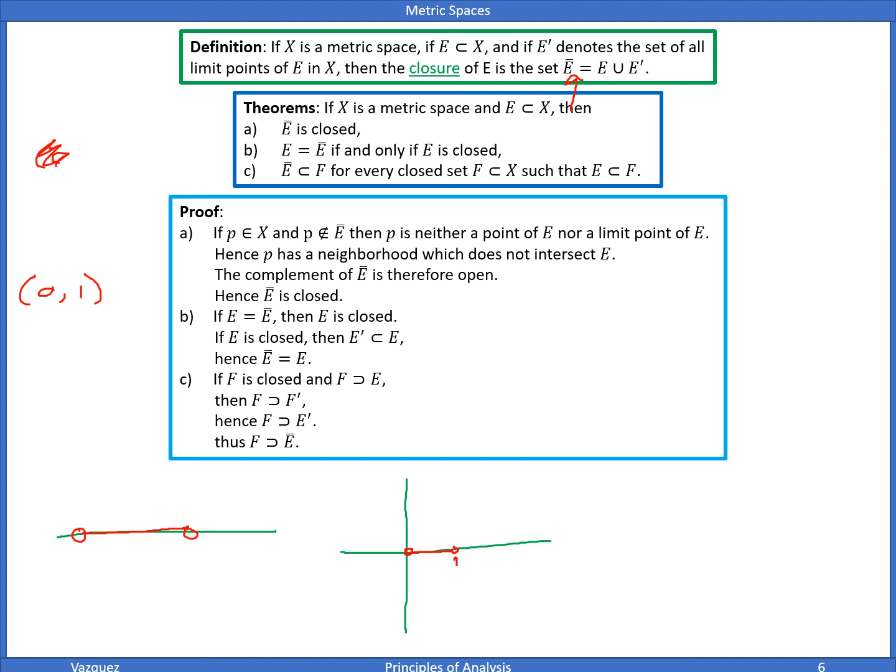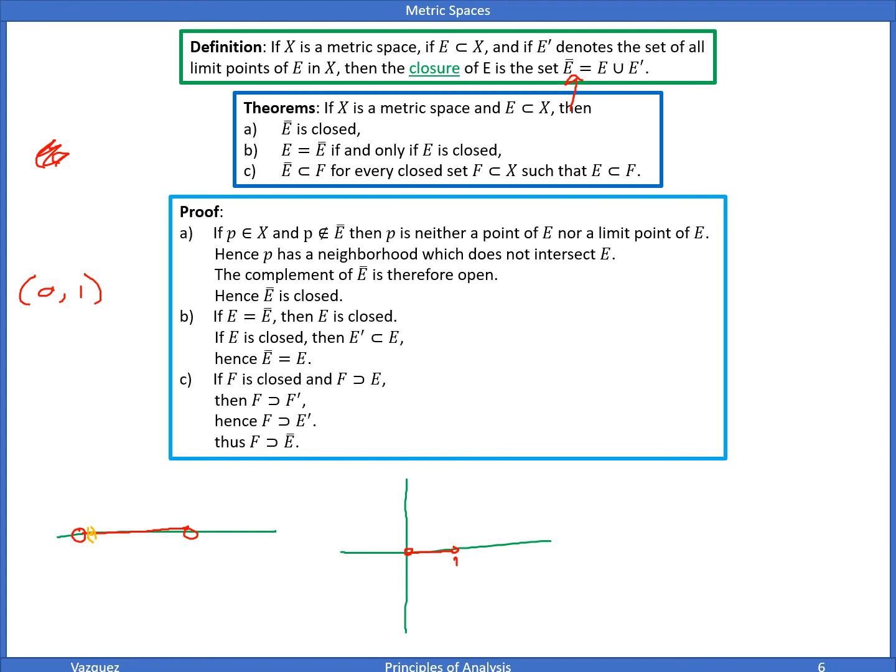Why? Well, because any point you get, say as close over here as you can, you can still get a neighborhood of that point that's still contained in the interval. So that's why in R1 it's open.